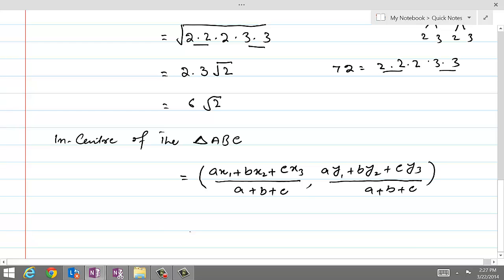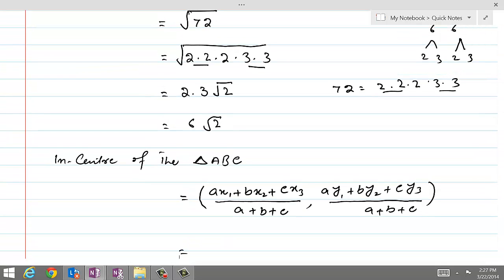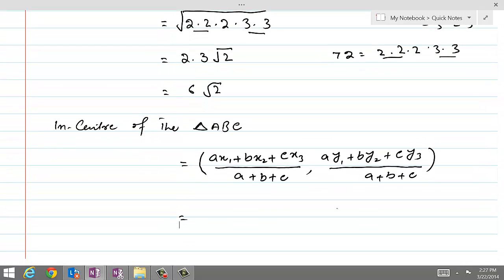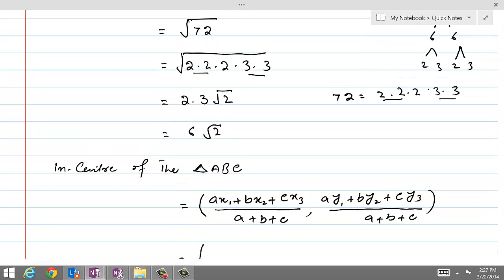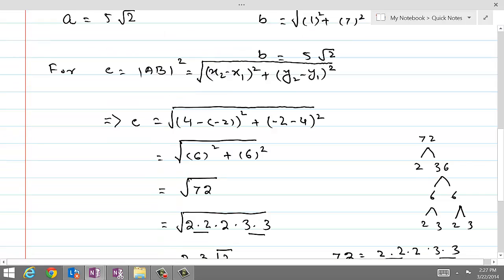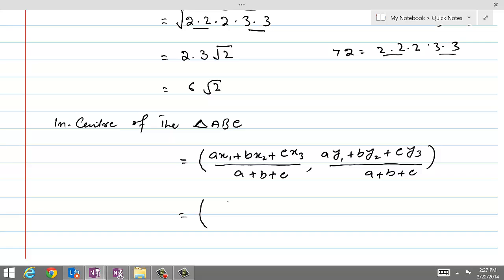So this way, if we substitute the values of a, b, c, and then x1, y1, x2, y2, and x3, y3, we will have values here. What is a? a is equal to 5 times root 2. So this is 5 times root 2.